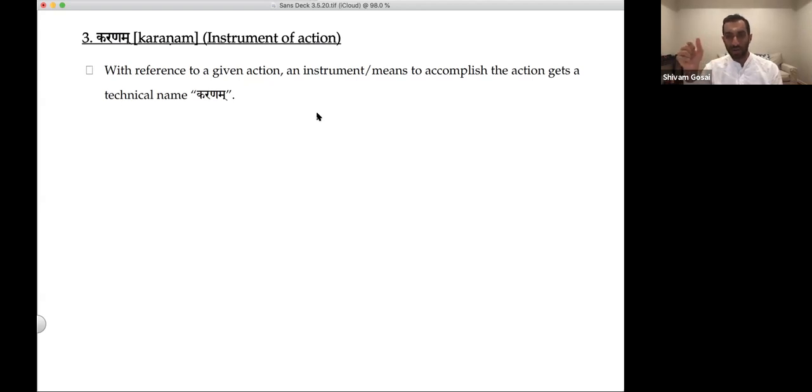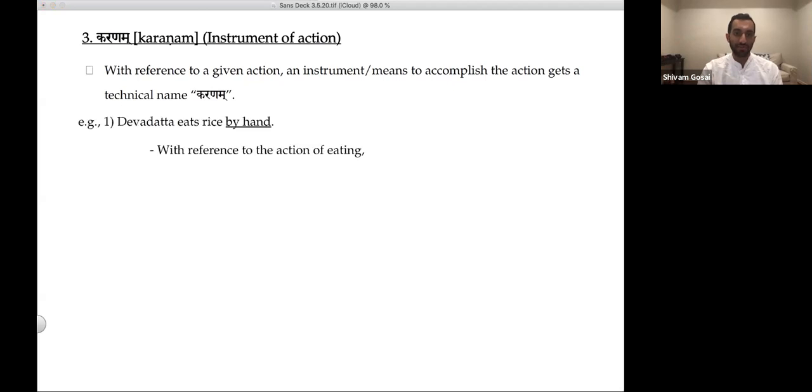We saw karta karaka, karma karaka. Now we're on the third one, karanam. Karanam is the instrument of action. So we can see this example here. Devadattah odanam khadati. Devadatta eats rice by hand. Devadatta odanam khadati hastena, by hand.